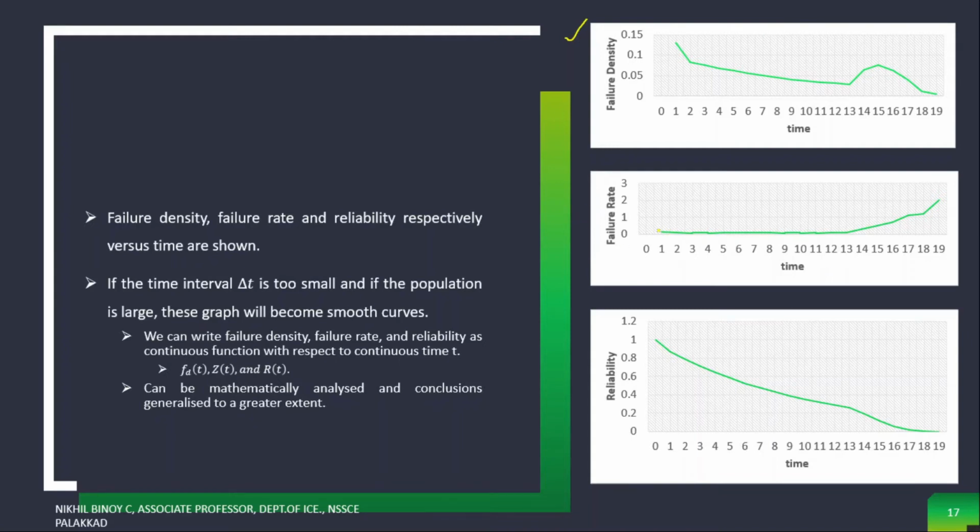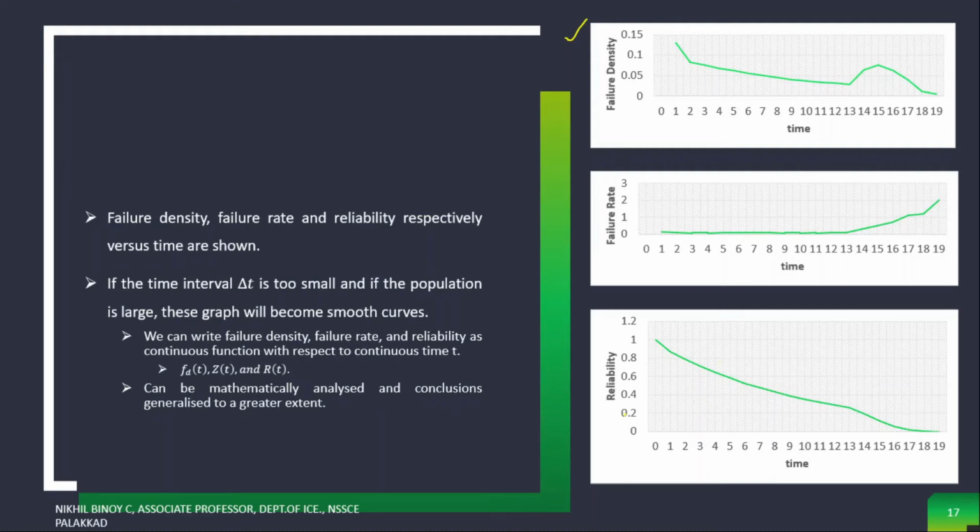If you go through table 1, it starts from 0.139, then decreases to 0.1, then it is constant at 0.1 up to the 13th interval, then from the 13th interval it is continuously increasing. Initially it is decreasing, then constant, then increasing. So this is failure rate.